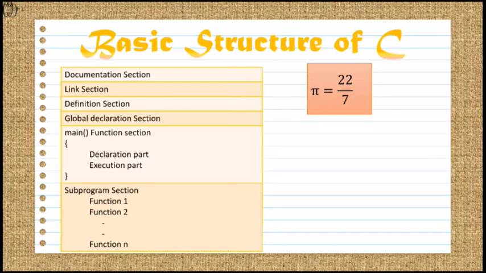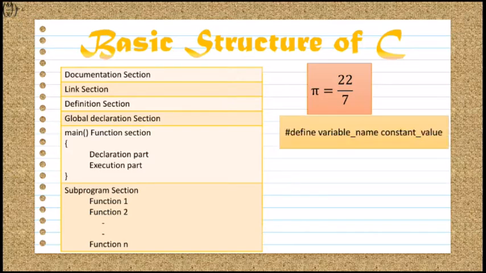To declare symbolic constant, first write the symbol hash followed by the word define, then single blank space followed by variable name, and then again blank space, and finally the value of constant.